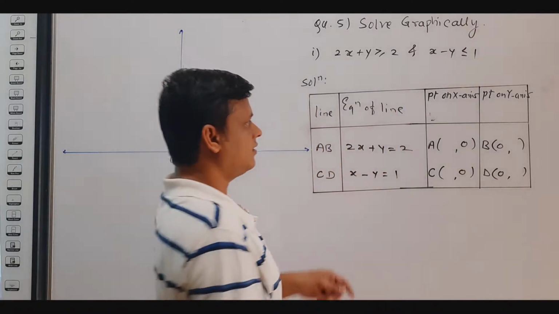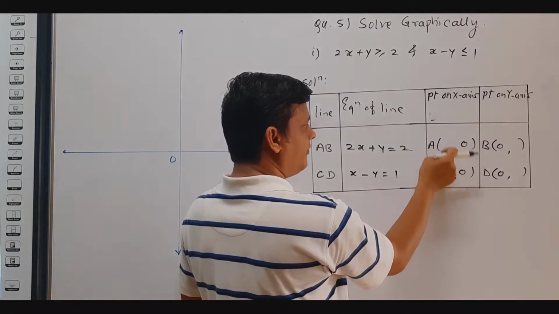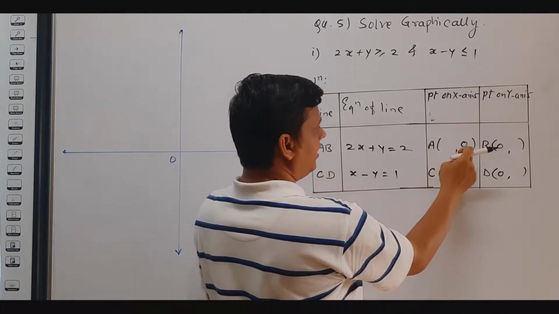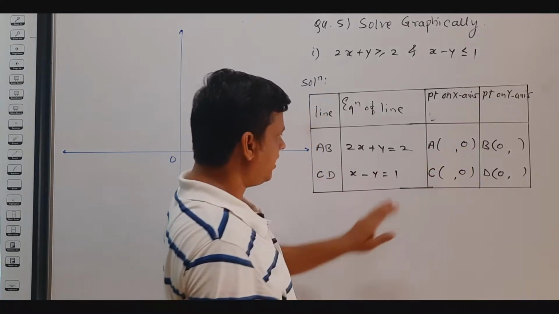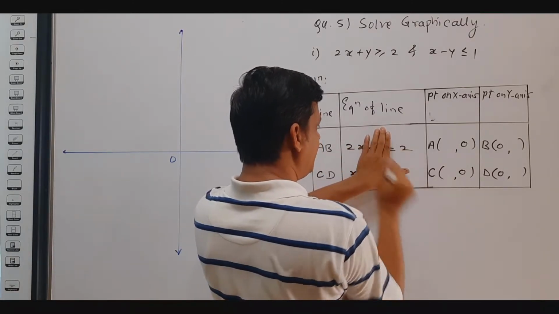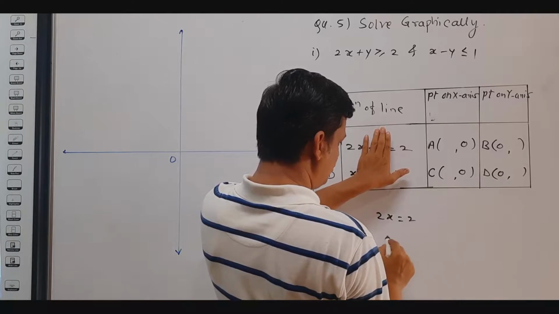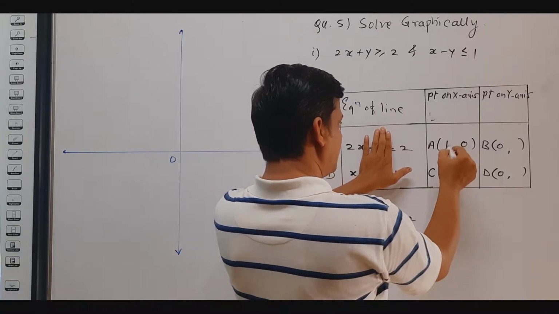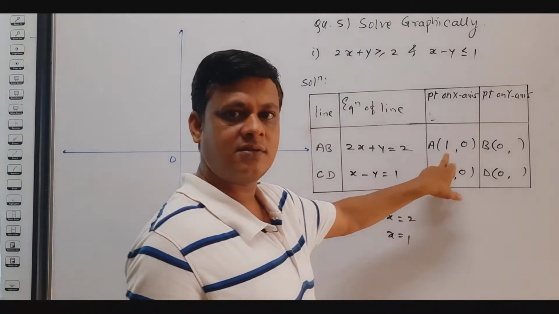So from this we calculate the x coordinate of points A and C. When y equals 0, from this equation we get 2x equals 2, which implies x equals 1. So we write the coordinate of A as (1, 0).